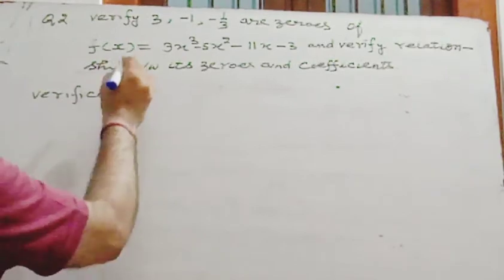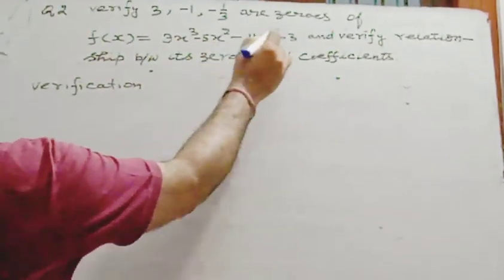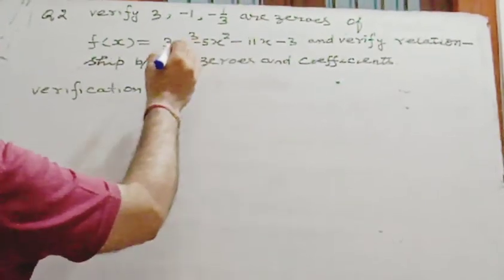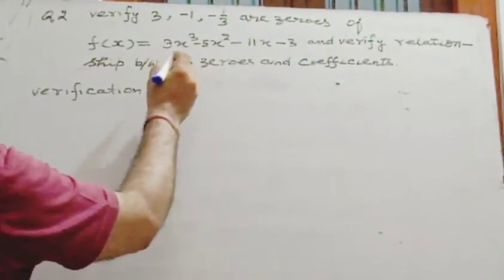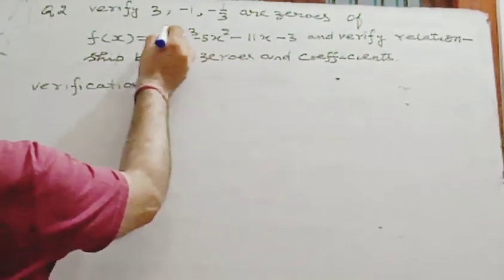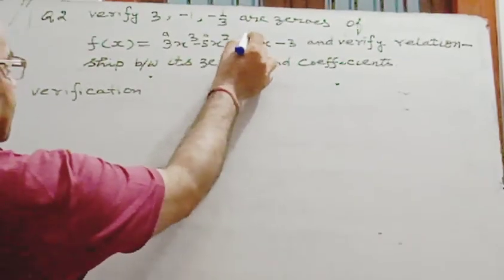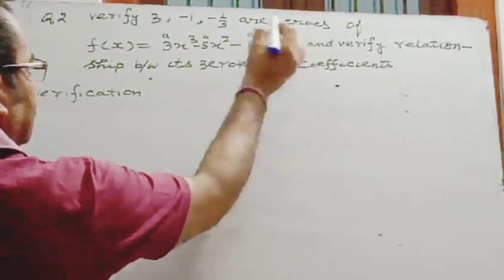In f(x) is equal to 3x cube minus 5x square minus 11x minus 3, equating with the standard form of a cubic polynomial ax cube plus bx square plus cx plus d. This is a, minus 5 is b, minus 11 is c and minus 3 is d.